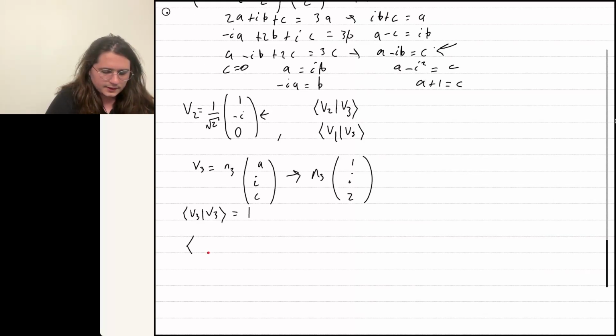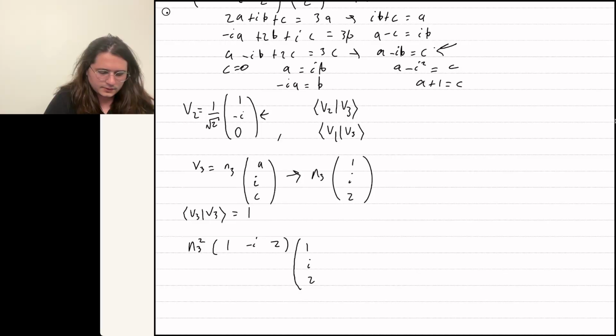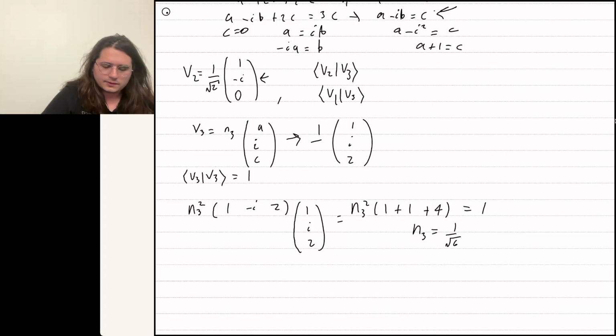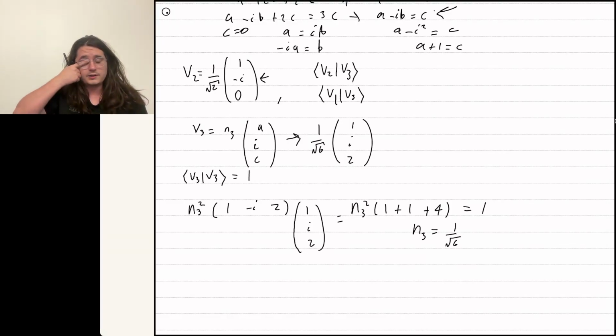So you get the normalization constant squared, so N3 squared, times the row vector 1, minus i, 2, times the column vector 1, i, 2. That's going to give you N3 squared times 1 plus 1 plus 4. Set that equal to 1. So clearly N3 is just 1 over root 6. And so V3, you can write it like 1 over root 6 times 1, i, 2.